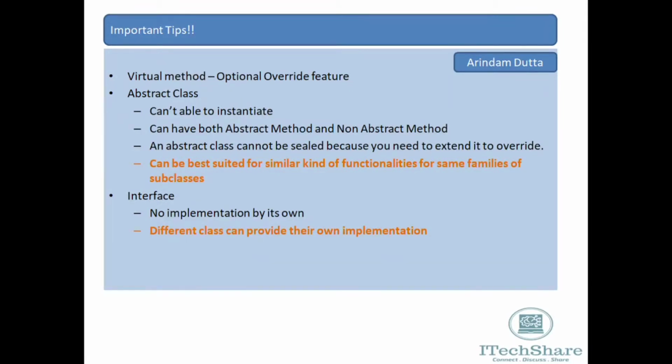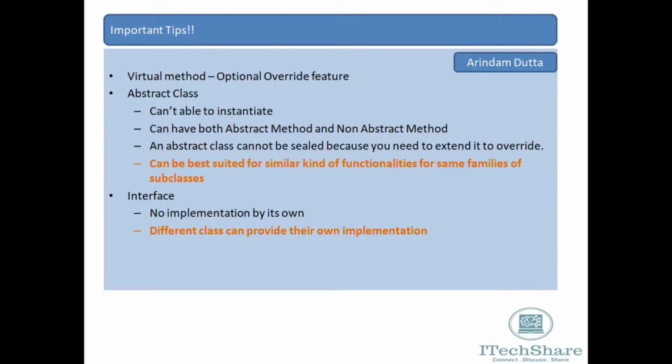And another very important point, which I have marked in color code, is when you can go ahead and use an abstract class. An abstract class can be the best suited option when you have similar kinds of functionalities to implement for the same family of subclasses, and for the same family of subclasses some of the functionalities may differ.